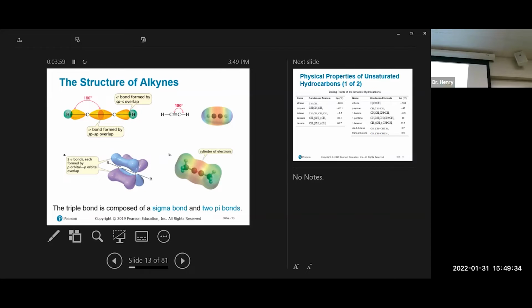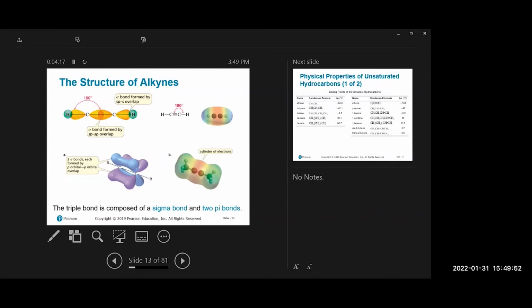And that's going to be important for us to understand some of the physical features, right? Because if it's linear and it's not kinked, how's it going to affect our boiling points? Do you guys remember how boiling points and melting points are affected? The amount of surface area.